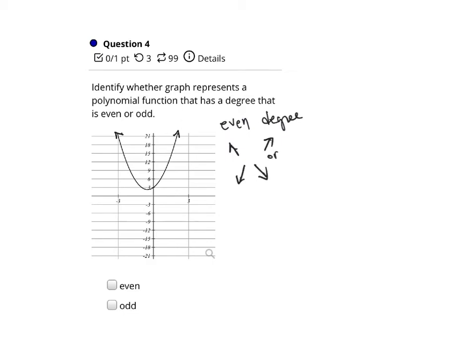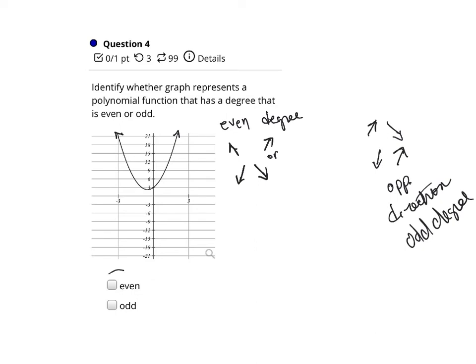If one was going up and the other was going down, or if one was going down and the other was going up, so opposite directions, that would be an odd degree. So this one, both directions, so this is even.